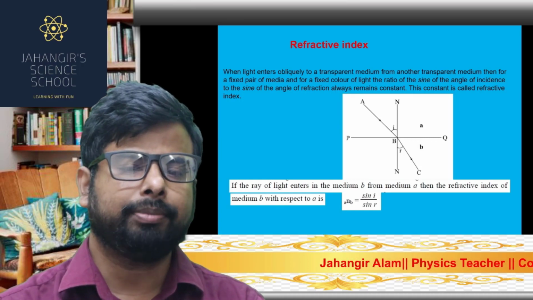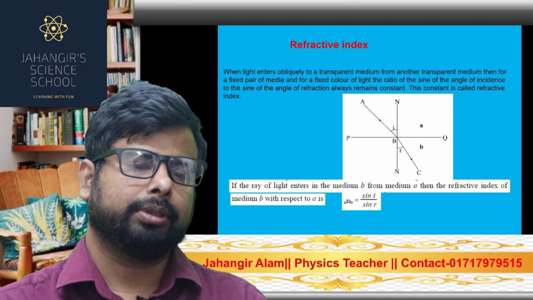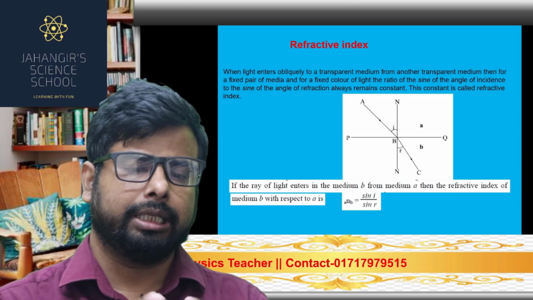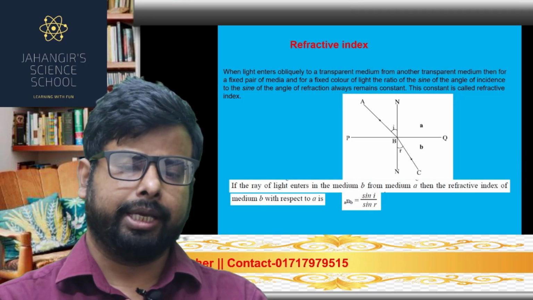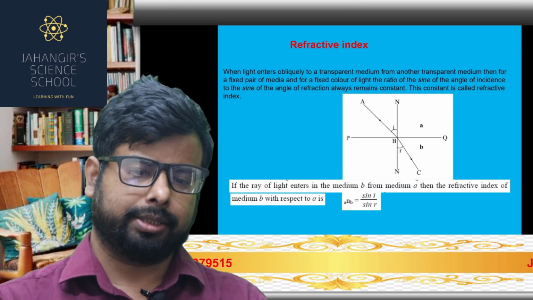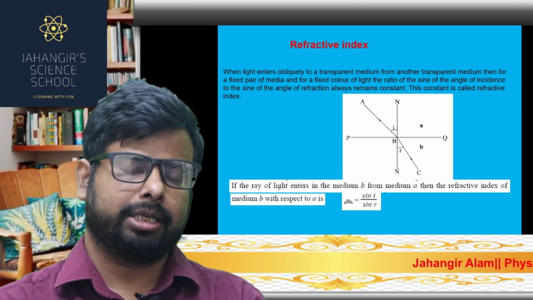Look at the diagram. Here light passes from medium A to medium B. If the ray of light enters medium B from medium A, then the refractive index of medium B with respect to A is aηb = sin i / sin r.